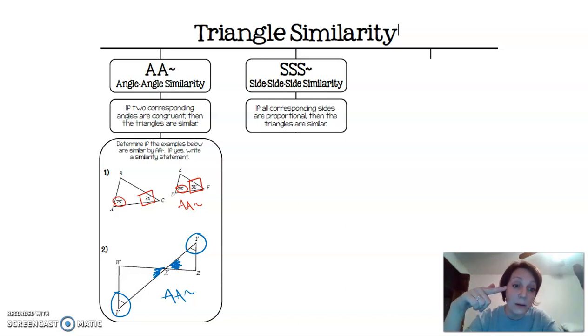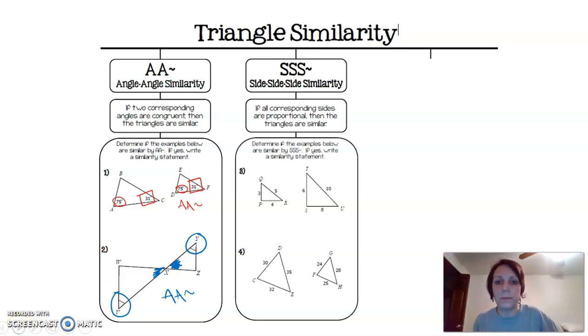If you can write them, it doesn't mean you've got similarity. It just means that you can at least check and see if it's going to work. So if you can't write all three side ratios, you're not going to be able to use side, side, side. If you can write all three side ratios, great, but divide them all out and we're going to make sure they match. All right, so let's take a look at the first example here.